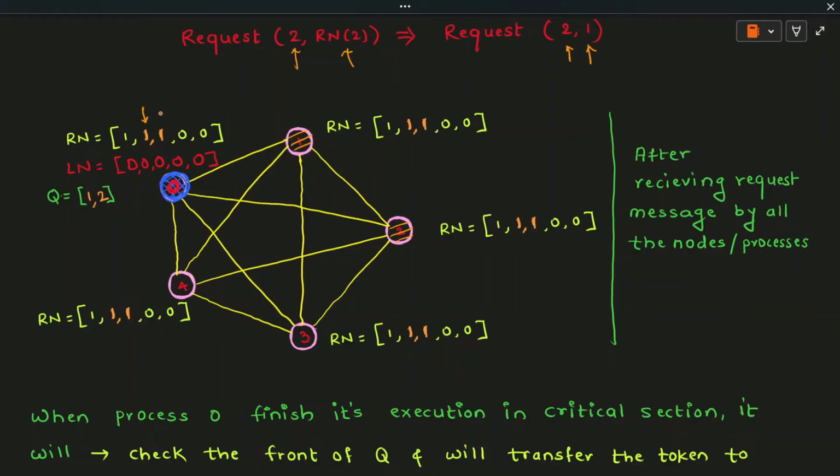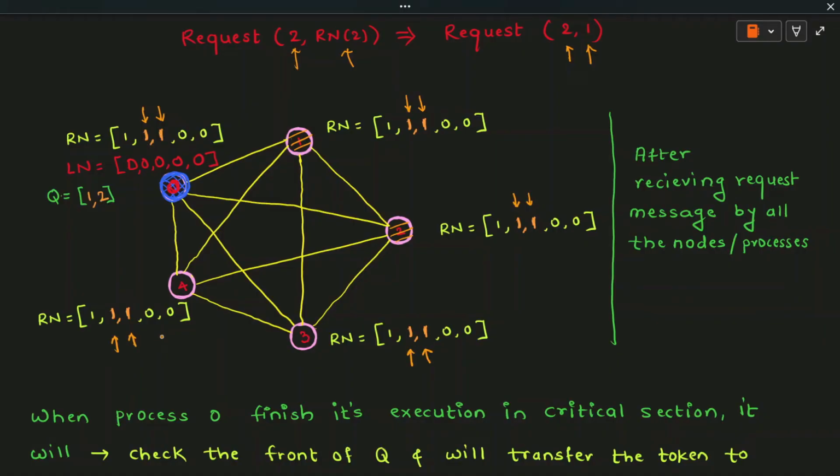So Rn of 1 is going to be 1 because earlier this value was 0, and when the request message is sent, that value is incremented. The new value will be updated over here, and similarly for Rn of 2, the updated new value will be 1, so that value will also be updated here. All nodes will receive the request messages, so at all nodes these values will be updated.